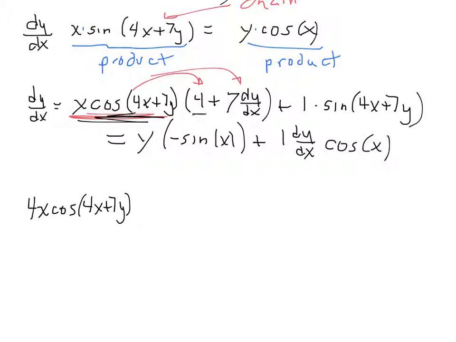So that's just that times that piece. And then plus this piece times this piece, so 7x dy/dx cosine of 4x plus 7y.